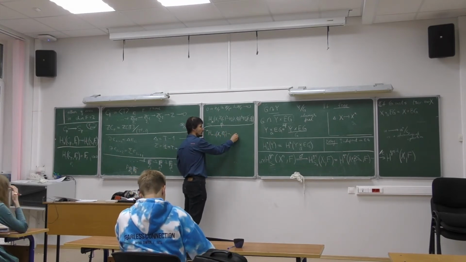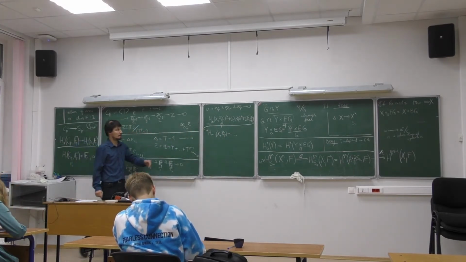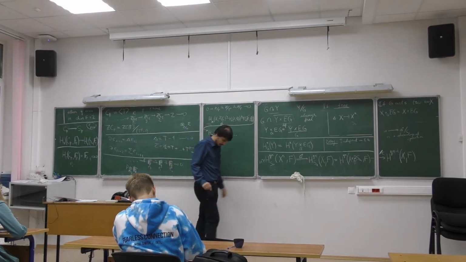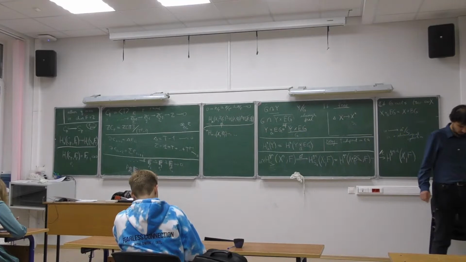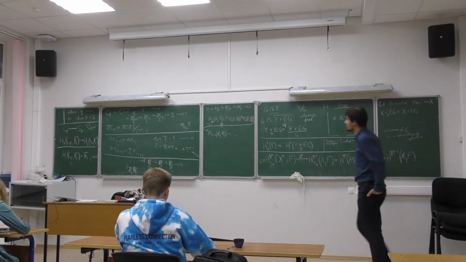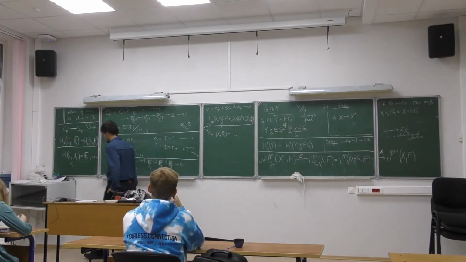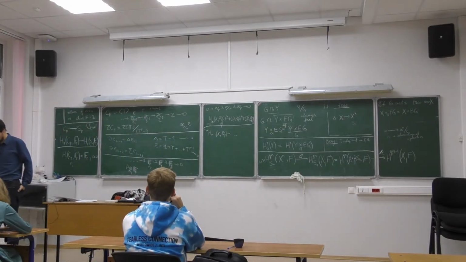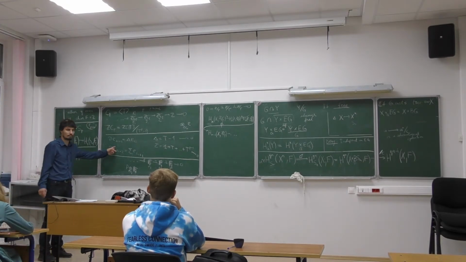We have this long exact sequence, and what appears here is called the Bockstein homomorphism. And in fact, it is not hard to compute the Bockstein homomorphism here.